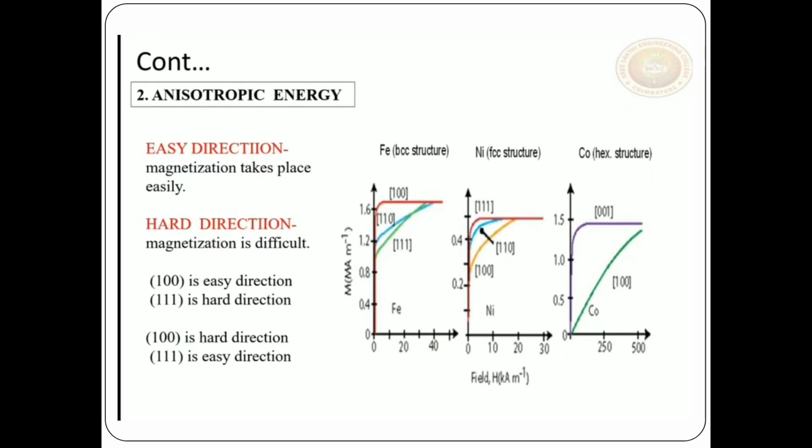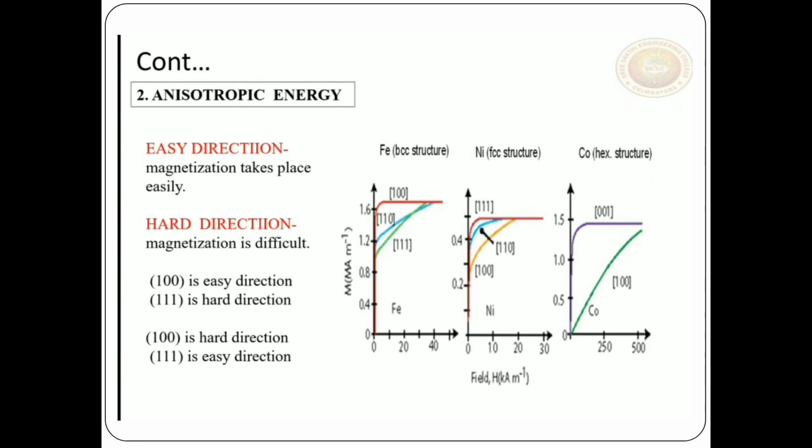The next one is anisotropy energy. It is the difference between magnetization taking place in the easy direction and magnetization taking place in the hard direction. From the figure, the first one corresponds to iron in its BCC structure, the second one is nickel in its FCC crystal structure, and the third one is cobalt in its hexagonal crystal structure.